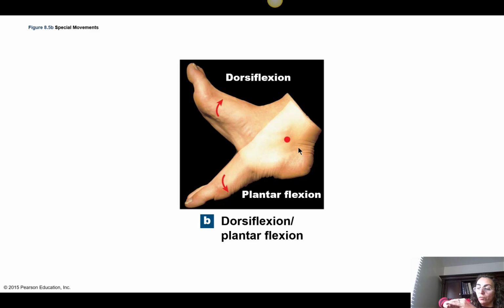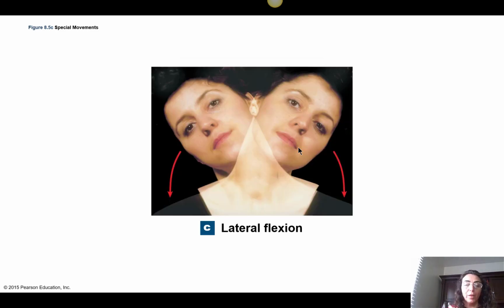For this angle, we call both of them flexion, so we do not have extension here. If it goes toward the dorsum and flexes, we call it dorsiflexion. And if it goes toward the plantar surface and flexes, we call it plantar flexion, right? So both of them are called flexion. We're not having extension.